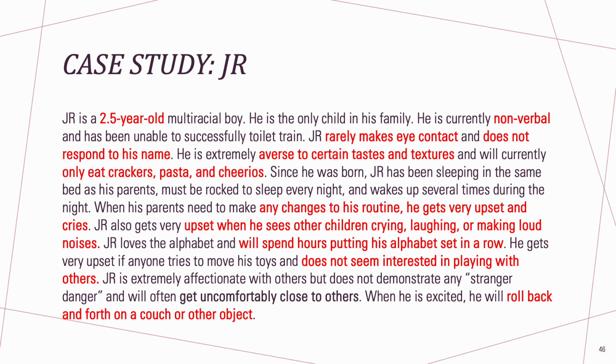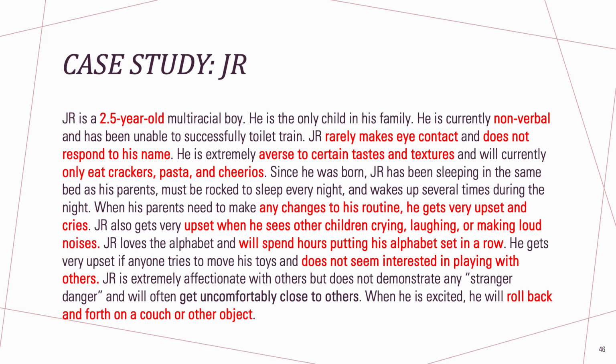He's extremely averse to certain textures or tastes, so that seems like it falls within the restricted repetitive patterns of behavior or interests. And he only eats crackers, pasta, and Cheerios, so same thing, that would fall under the RRB section.